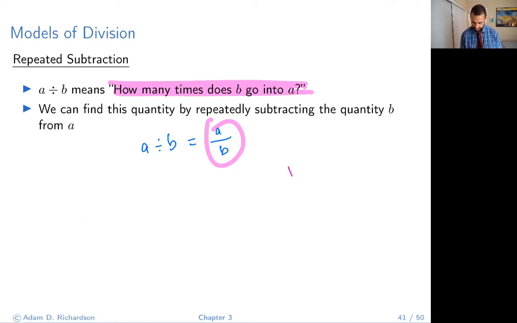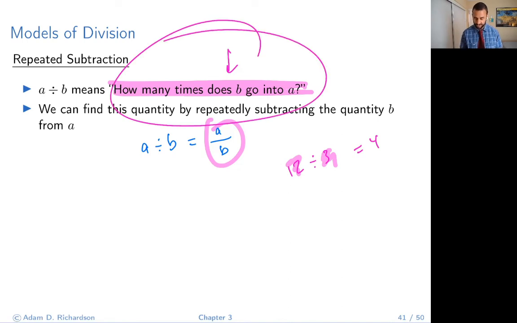How about 12 divided by 3? What does that actually mean? It means how many times does 3 go into 12? 4. It goes in there 4 times, and that's why that's equal to 4. That's the definition of division. If you can wrap your head around this, it's going to help you out so much. I can't even express to you how much it helps out.